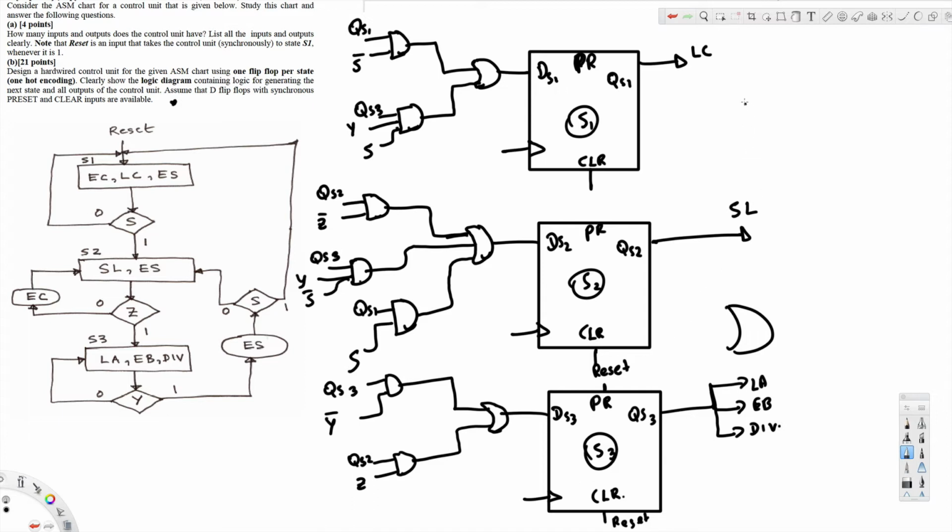let's continue here. Here we have an OR gate connected to ES, and an AND gate connected here: Y, QS3. This one is QS1, QS2.